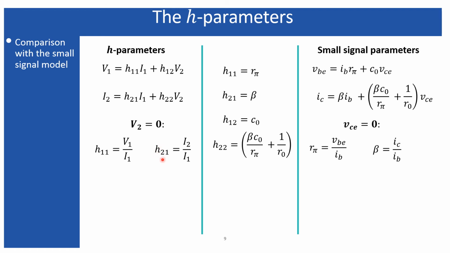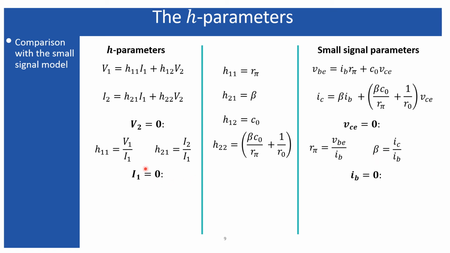In the small signal model, H21 is the forward current gain beta in common emitter configuration, because I2 is IC, the output current, and I1 is IB, the input current, and their ratio is nothing but the forward current gain.